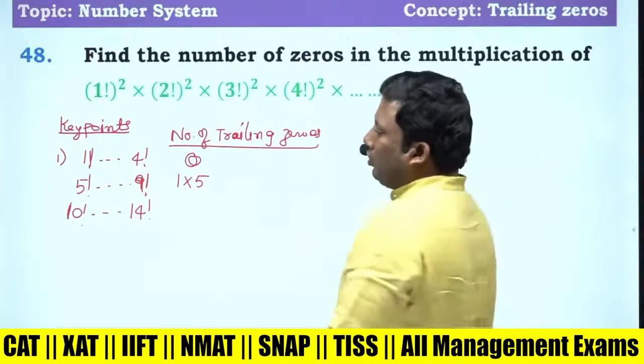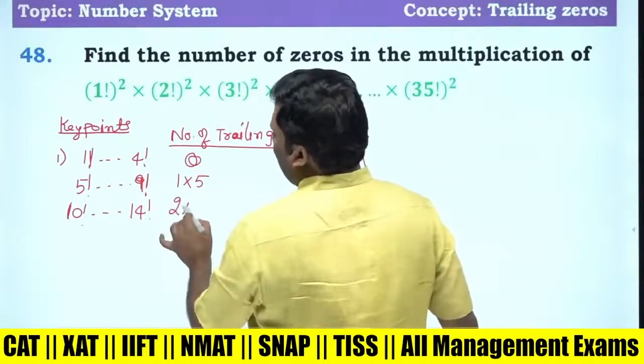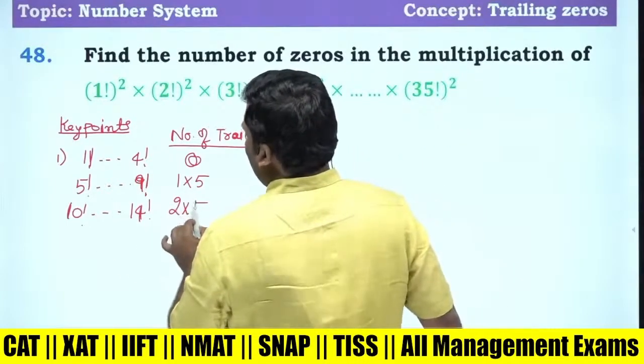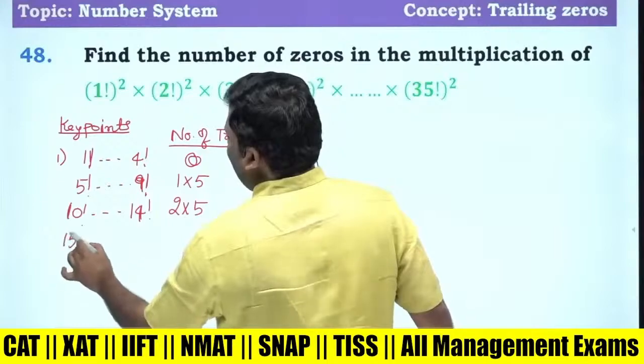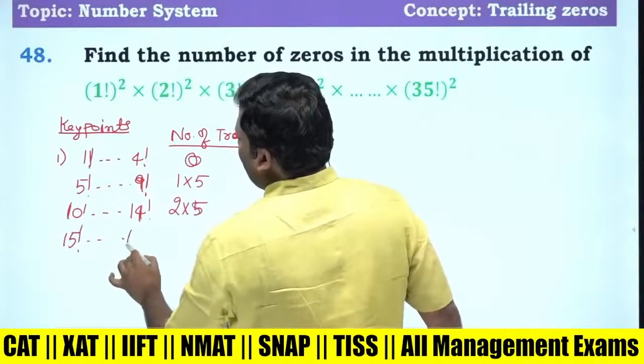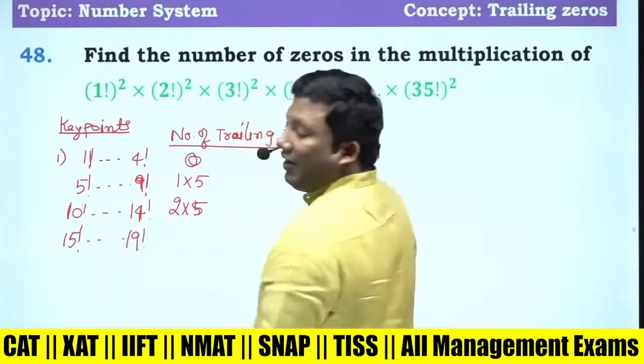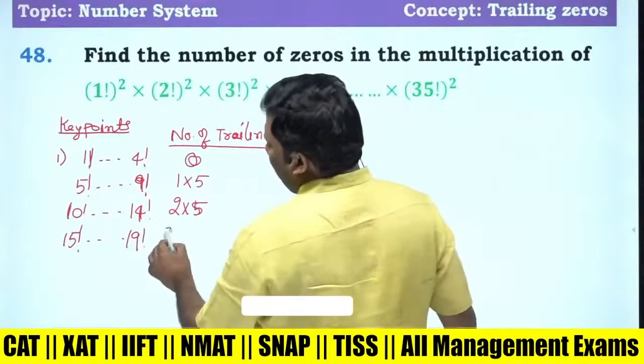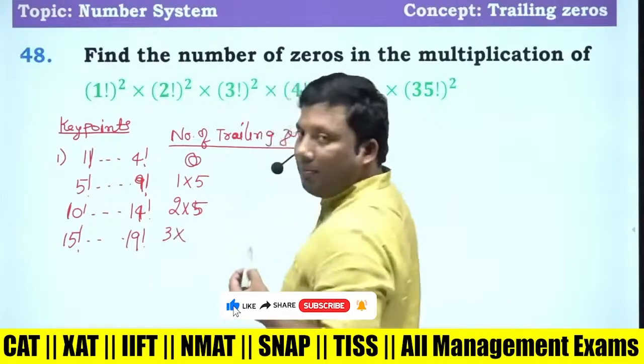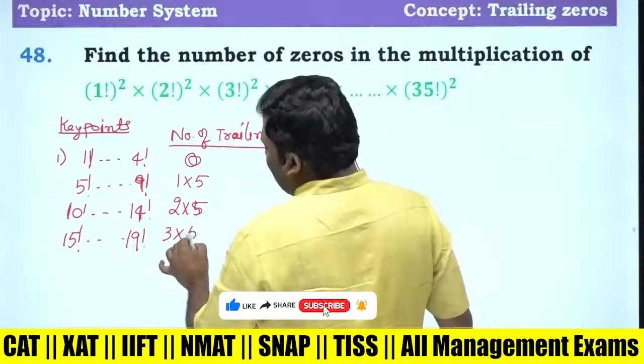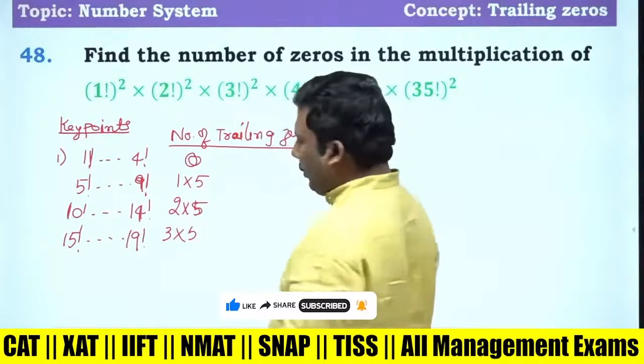For 10 it will be 2, so it is 2 into 5. 15 factorial till 19 factorial: 5 3s are 15, so the number of trailing zeros for every number will be 3. 5 numbers are there, so it is 3 into 5.